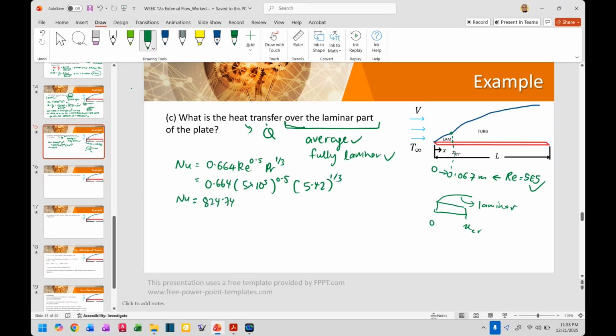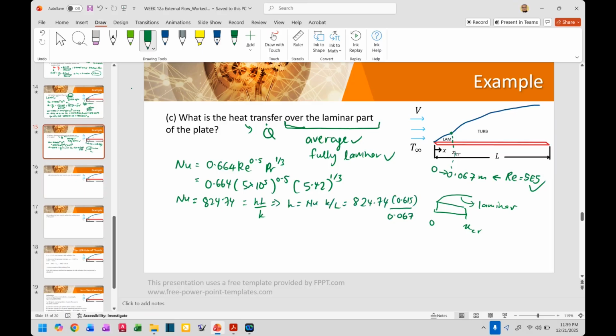Now, Nusselt number is also expressed as H times L over K. And from here, you will get H is Nusselt times K over L. That is 824.74 times K, what was K again? 0.615, and the characteristic length is 0.067.